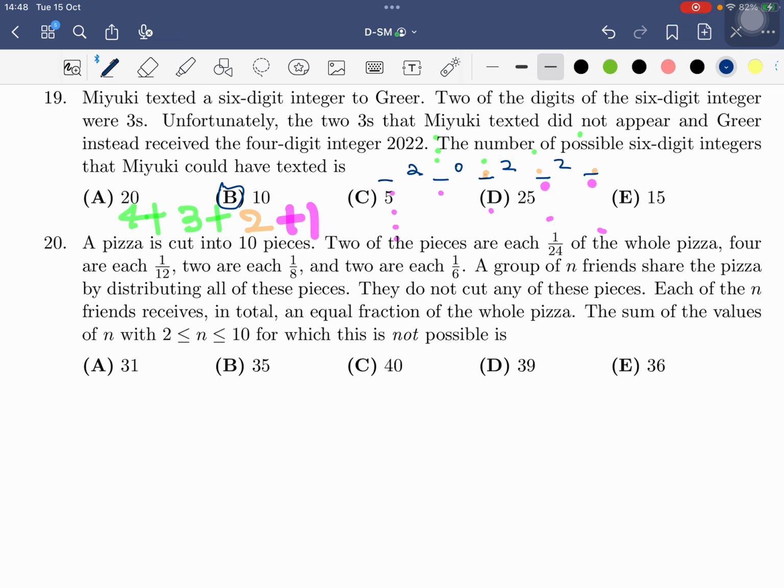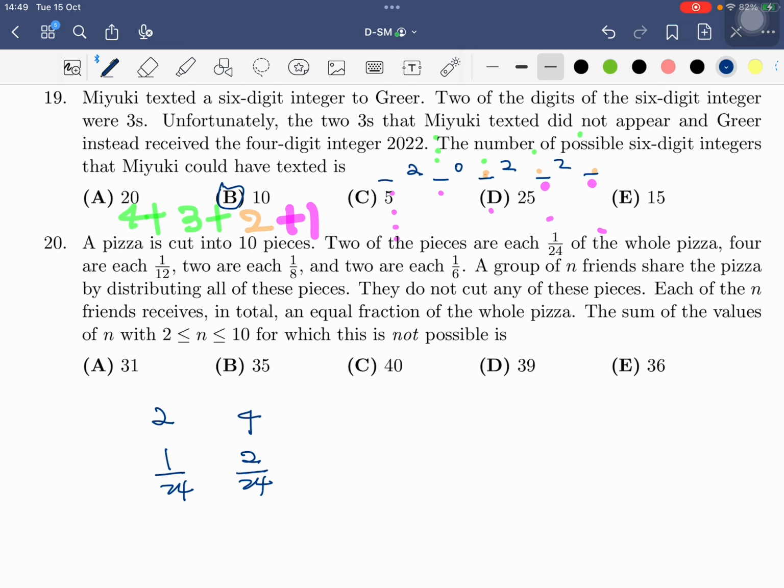12 pieces are 1/24 of whole size. So 2 are 1 over 24. 4, 1 over 12. Just to be on the safe side, let me make it 2 over 24.